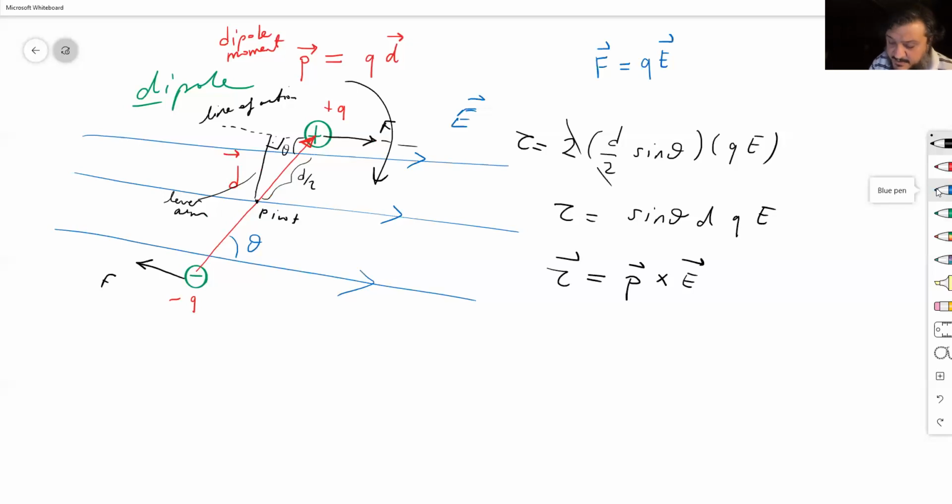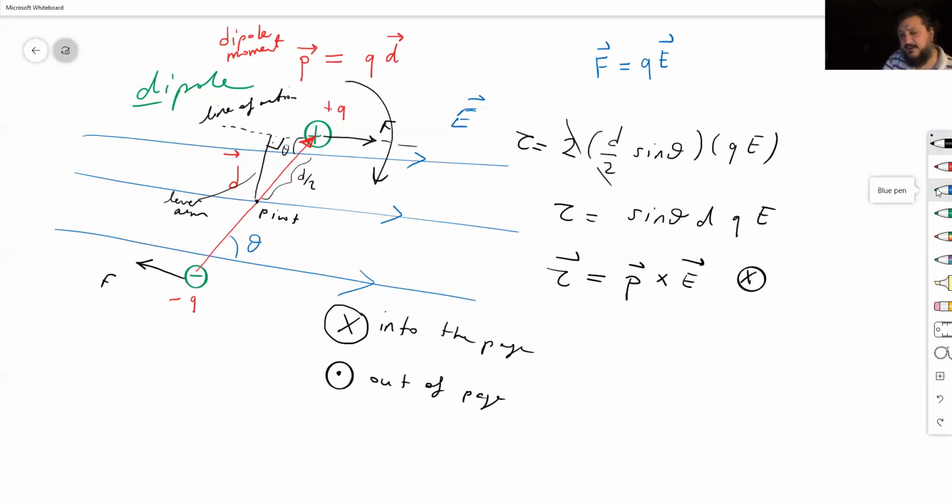So this is the direction. A cross in a circle means into. A dot in a circle means out of. In this case, it is out of the page. I'm sorry, into the page, right? Cross. That's the direction of the torque, all right?